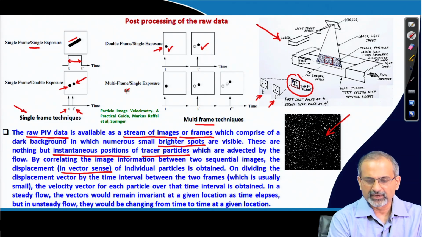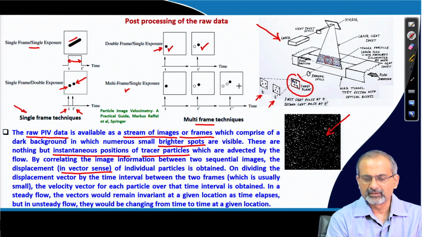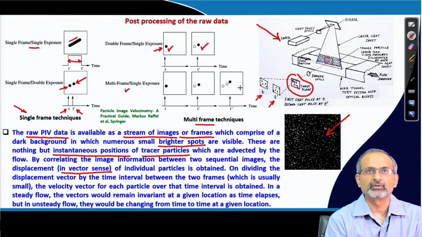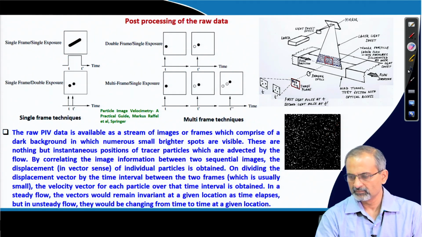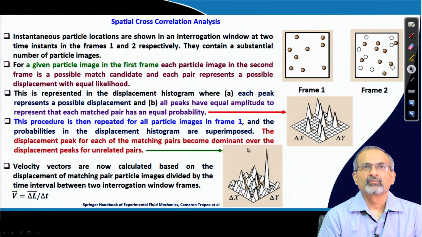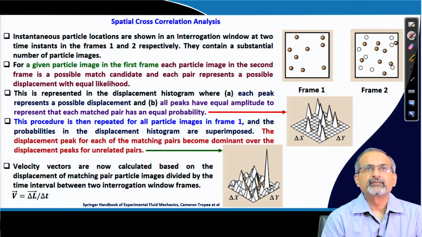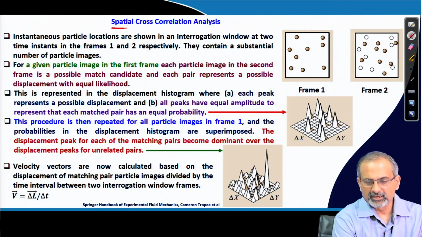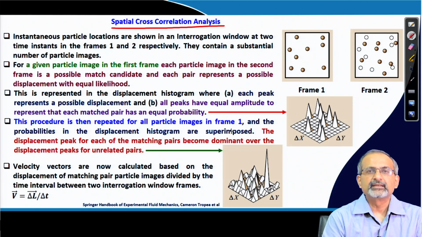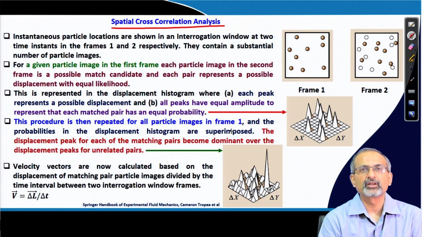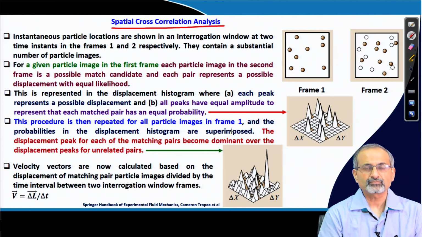Again, in multiple frames you could have it like the way it is shown at the lower row. We try to take it forward and apply the spatial cross correlation analysis, which is basically the tool used to give you finally the velocity vector information.